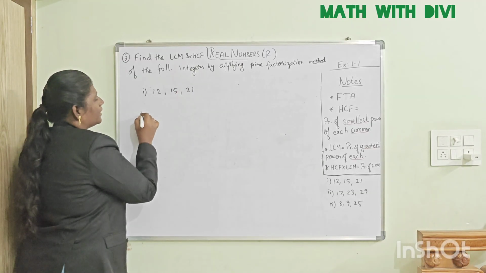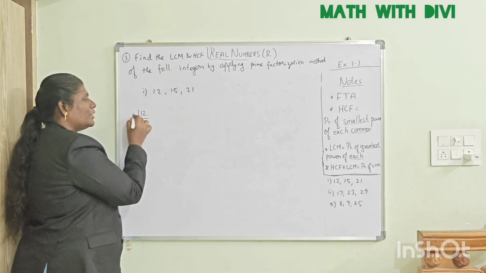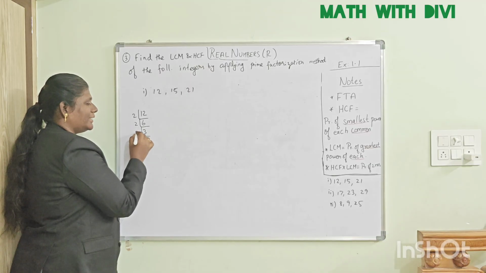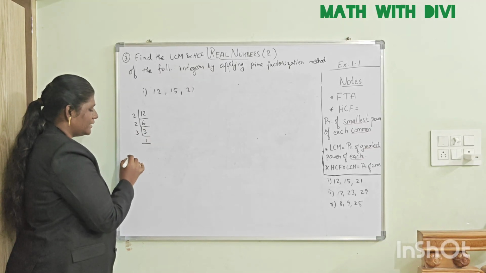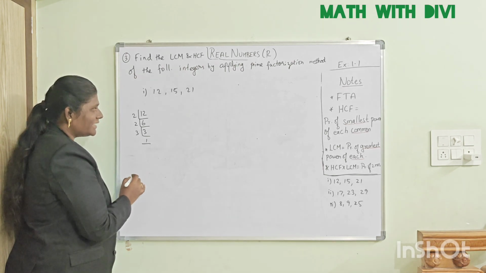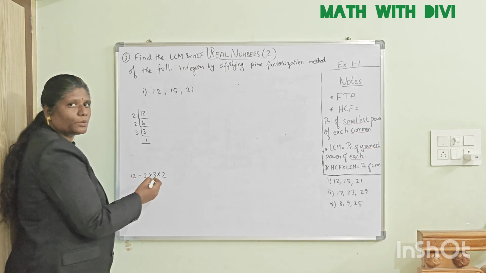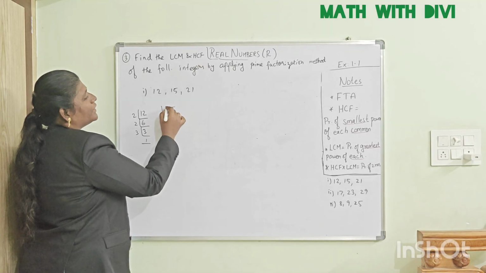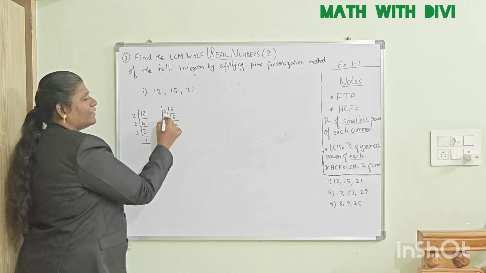Let's do the prime factorization for each number. 12: divide by 2, 6, again 2, 3, again 3, 1. So 12 can be written as 2 into 2 into 3. Next, 15: 3, 5, again 5, 1.